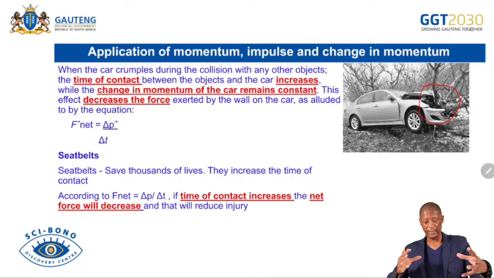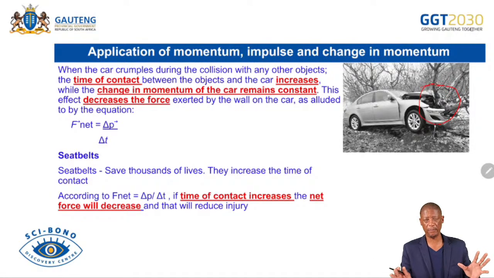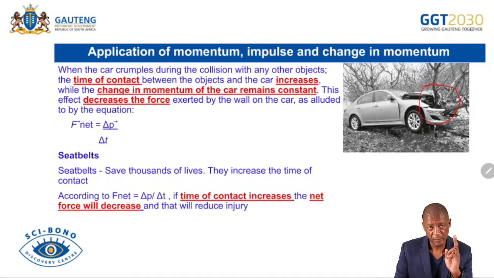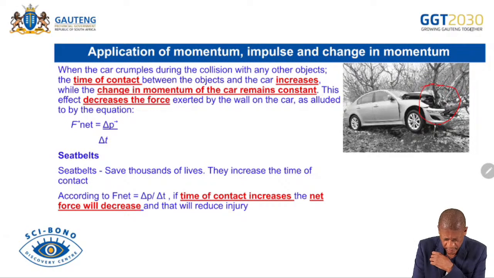It takes longer. While the change in momentum of the car remains the same, it doesn't change. But look at the two things. The time of contact increases. But what does the force do? The force decreases. All right.